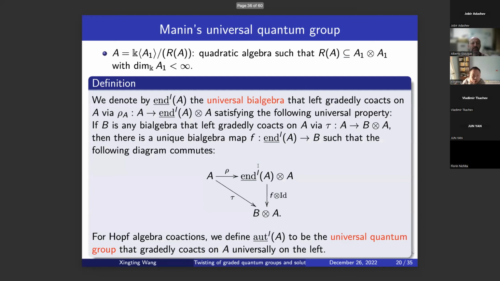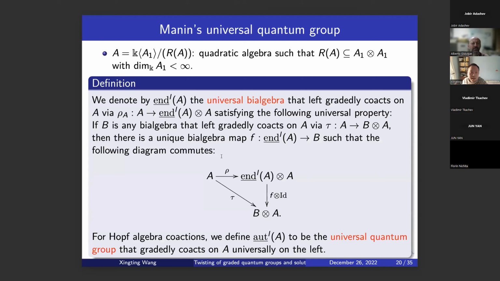Okay, so quickly let me do the third part, Manin's quantum groups. We saw some examples of Manin's quantum groups before, using multilinear forms. But let me give you a general definition. It's actually defined by universal properties, so let me go through it.